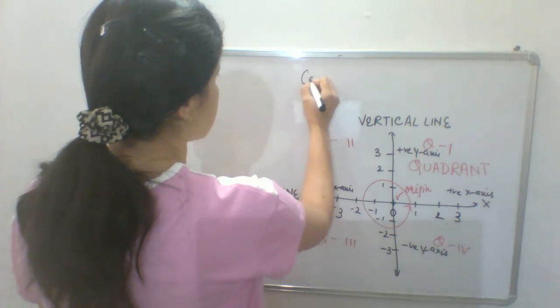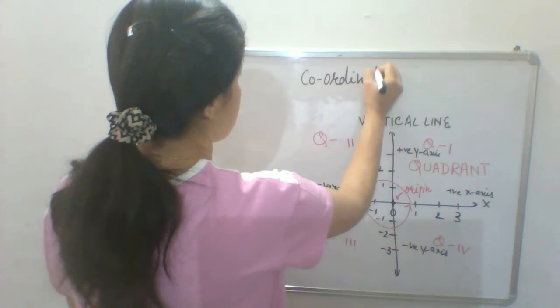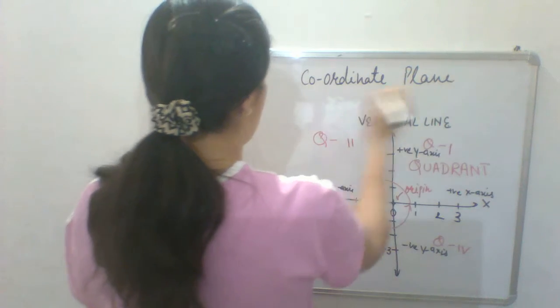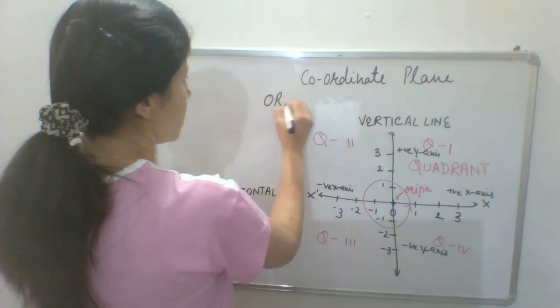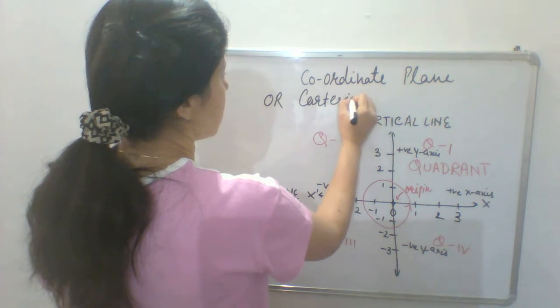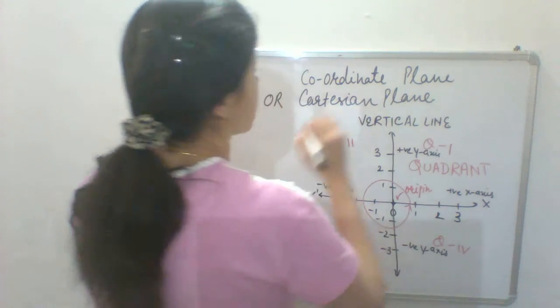It is called coordinate plane or Cartesian plane, right?